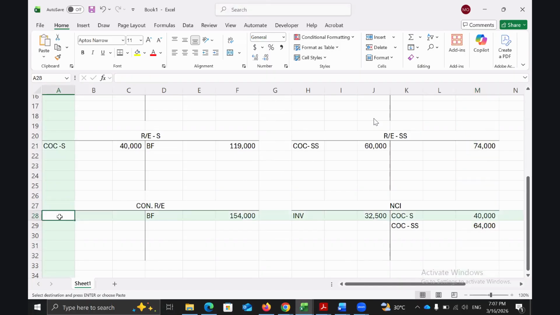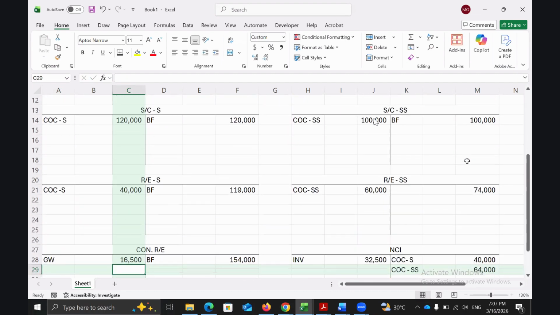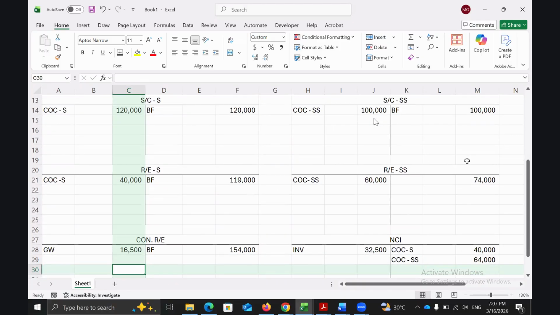Then the consolidated retained earnings debit 15,000 plus 1,500. Goodwill credit 16,500. Goodwill is credited by 16,500. Is that adjustment clear to you? What we did in that adjustment?